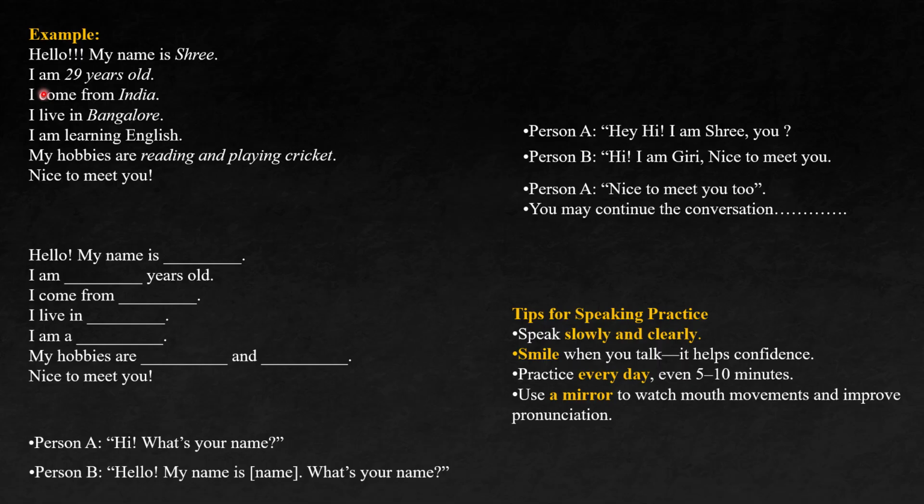I am learning English. My hobbies are reading and playing cricket. Nice to meet you is also fine. Initially, you definitely had done at least 10% of what I just spoke now, correct?